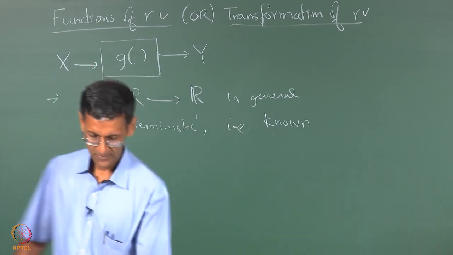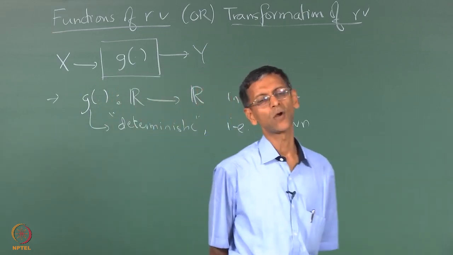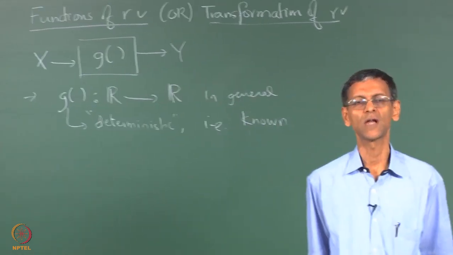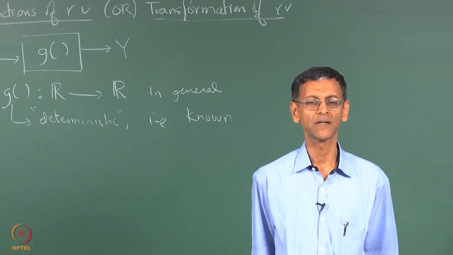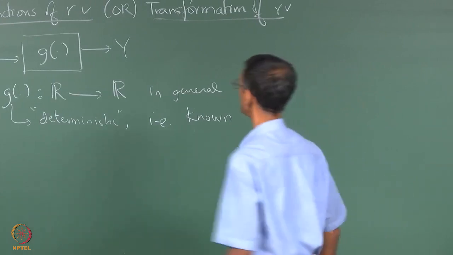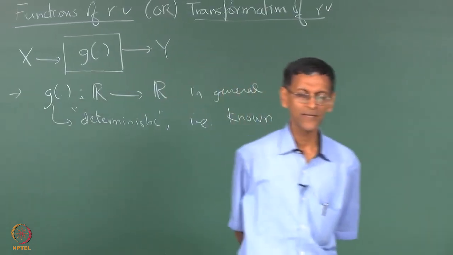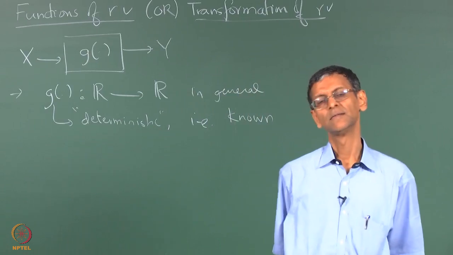I do not have to elaborate that point, but what is interesting in this context is that its input is not just any real number x, but a random variable capital X. In other words, you are going to connect G to the output of a random experiment.